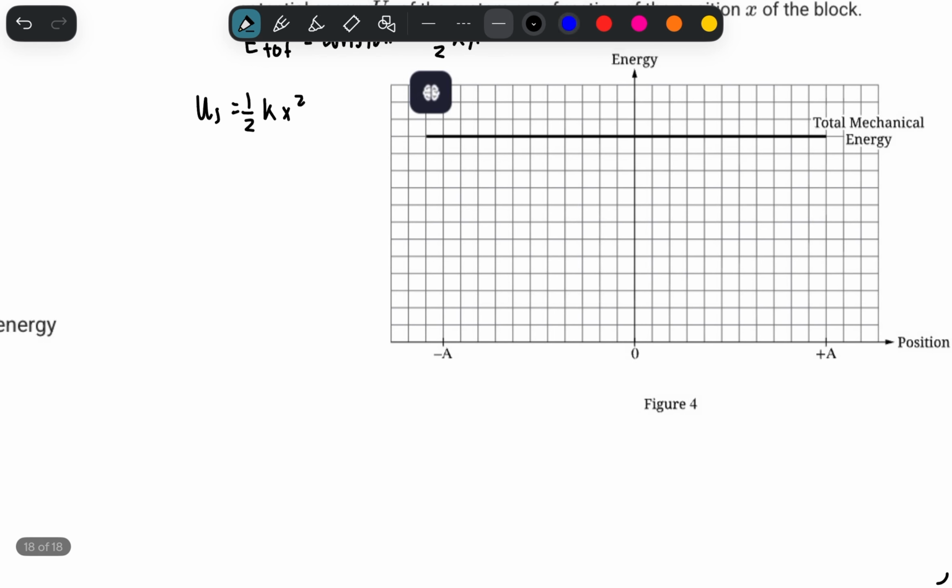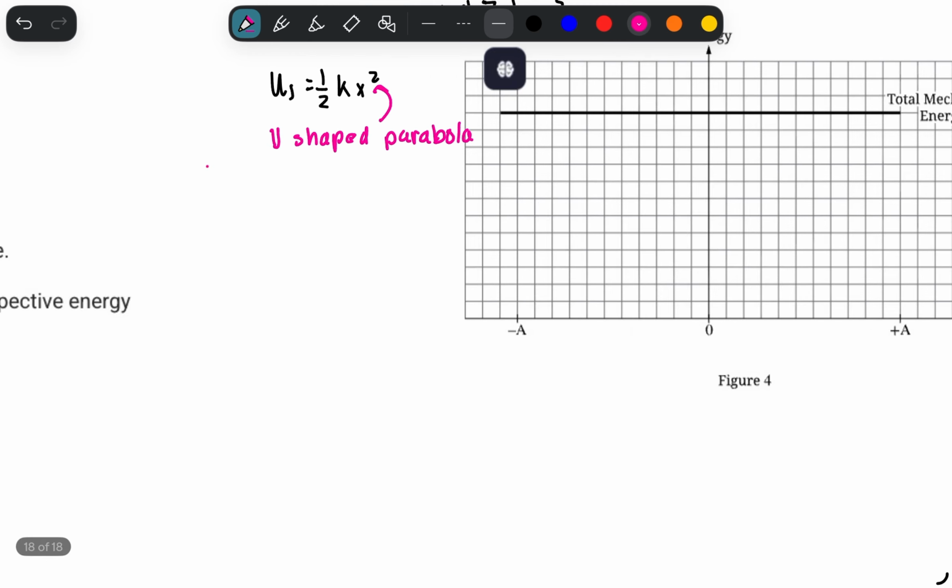So we know US is going to be a U-shaped parabola due to that square. We know US is going to be max when x is negative a, US is equal to 0 when we're at x is equal to 0, and US is max again when x is equal to positive a.